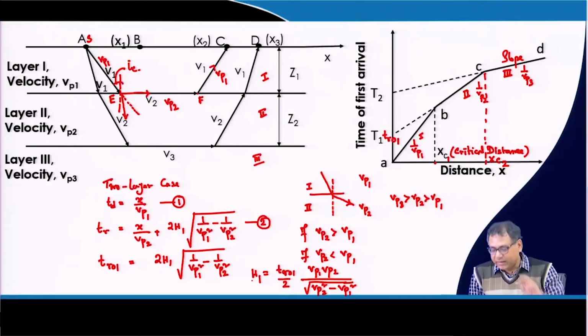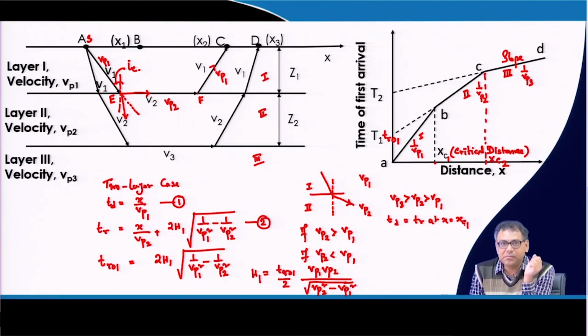This is one way. In another way I can also get the thickness h1. As I mentioned, at the critical distance the direct rays and the refracted rays will reach at the same time. So, this is the critical distance xc1. At this critical distance, my TD is equal to TR at x equal to xc1. Okay.